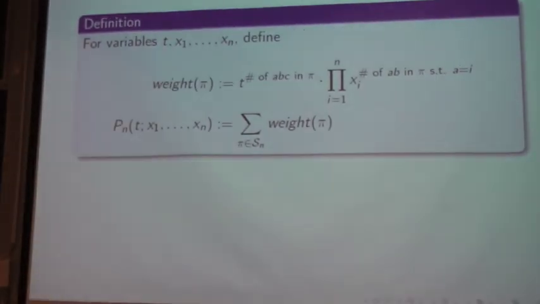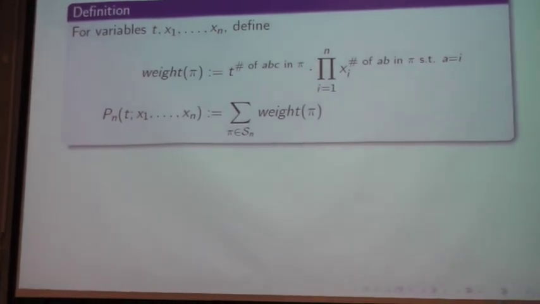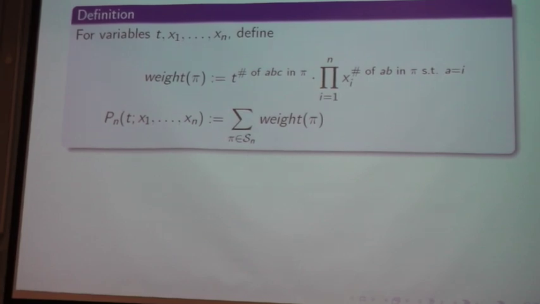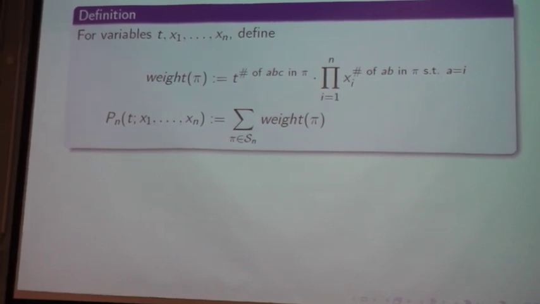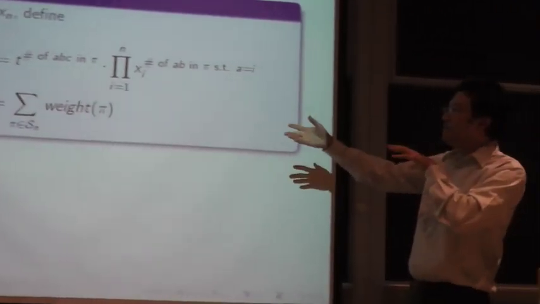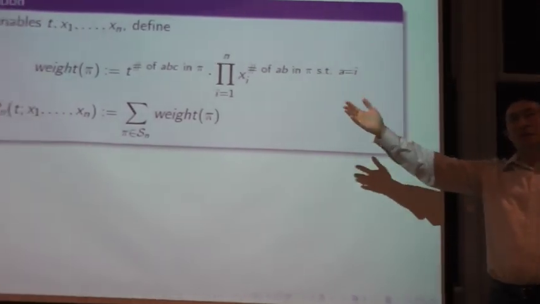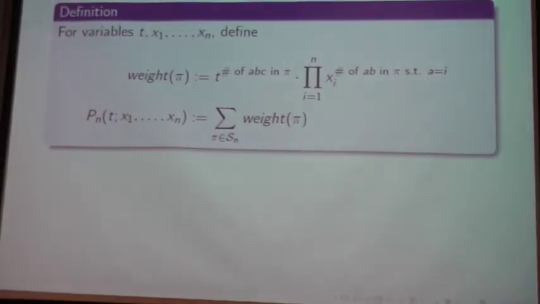Just to give an idea of how the enumeration algorithm works, for any given permutation pi, I'm going to create a weight function. I'll have variables t and catalytic variables x_1 through x_n.